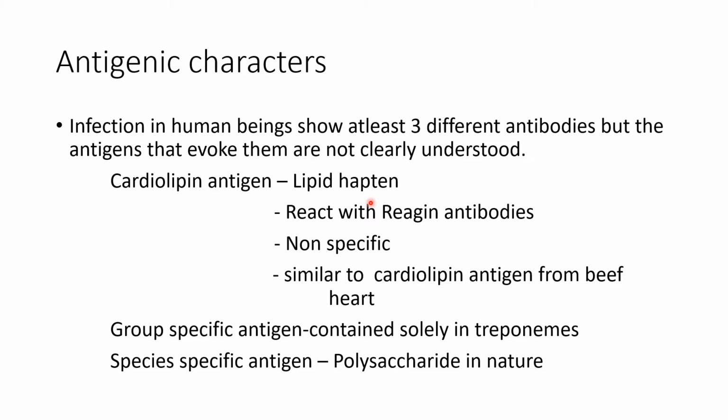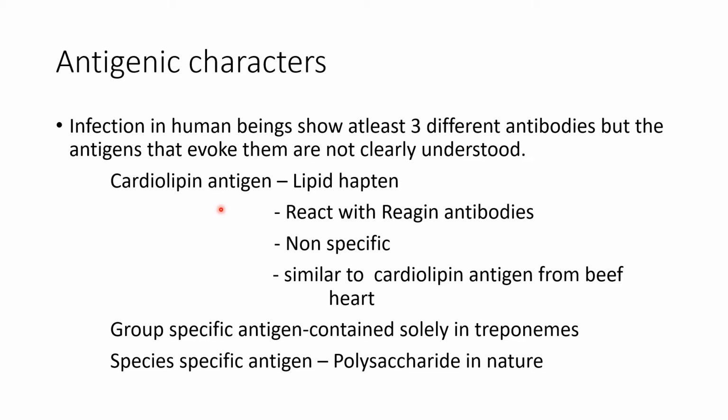It is an antigen, but it is not a complete antigen. It is an incomplete antigen, and that is why it is called a lipid hapten. And when this antigen is injected in human beings, it gives rise to a specific type of antibodies called reagin antibodies.